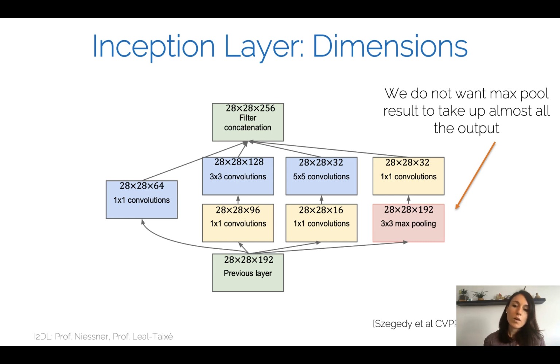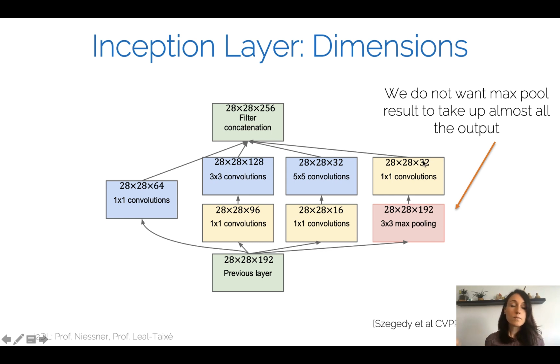If I keep the 192 channels of the max pooling, then the max pooling will have an overwhelming representation of the output. And we don't really want that. So we really want to give a lot of weight to the convolutions, which are actually the feature extraction units. This is why I'm going to reduce the number of channels that max pooling uses to 32.